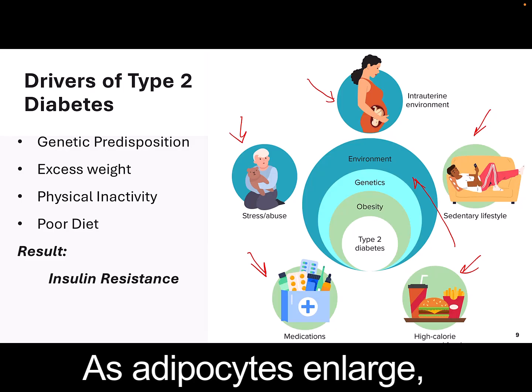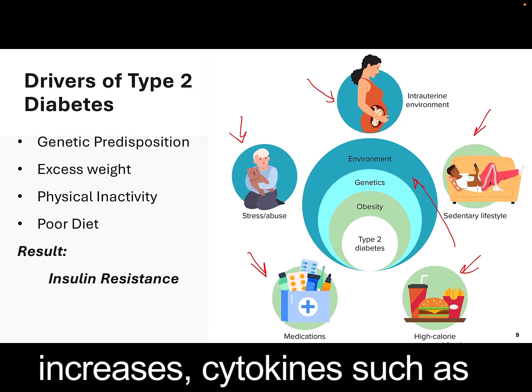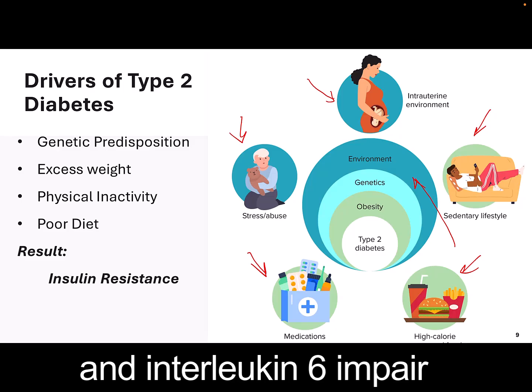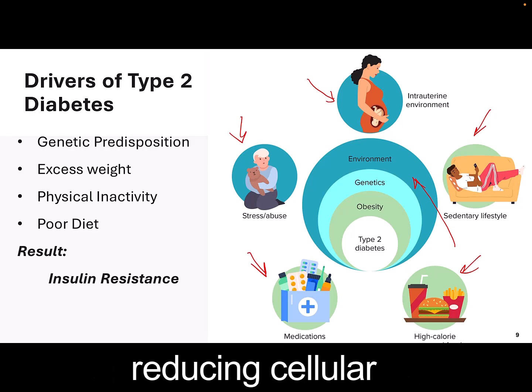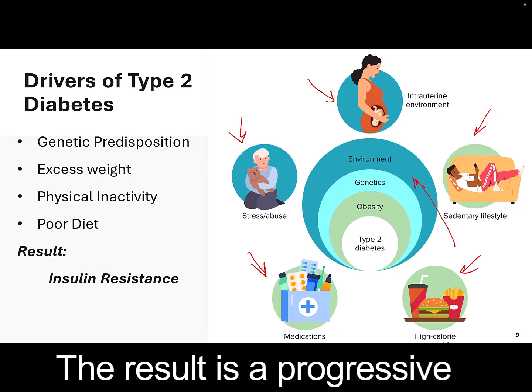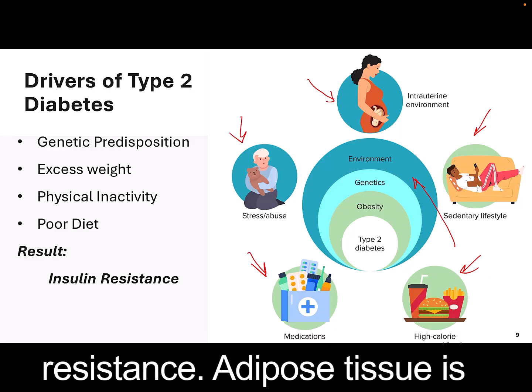As adipocytes enlarge, inflammatory signaling increases. Cytokines such as tumor necrosis factor alpha and interleukin 6 impair insulin receptor signaling, reducing cellular responsiveness to insulin. The result is a progressive shift towards systemic insulin resistance.